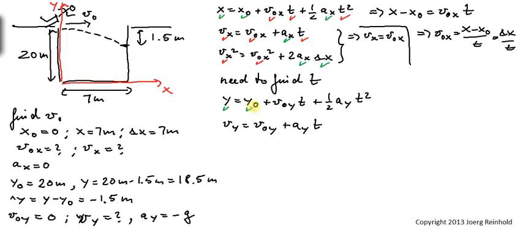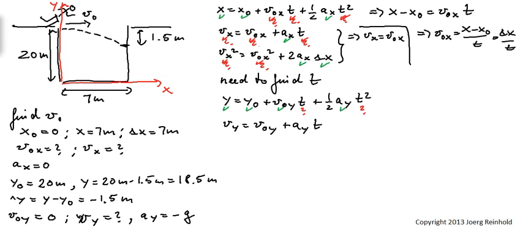We know the initial one. We know what v0y is. It is 0. We know what ay is. The only thing we do not know in this equation is what the time t is. Actually, I should have used question marks all the way on top here too. So these here actually should all be question marks because I don't know what these quantities are. I made them red instead of just question marks.